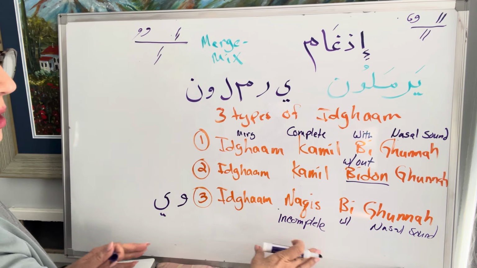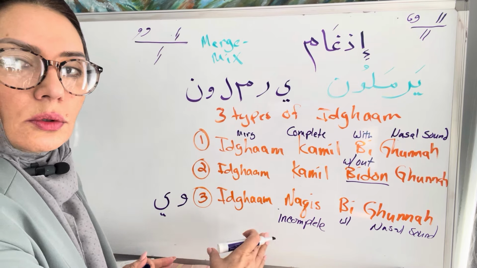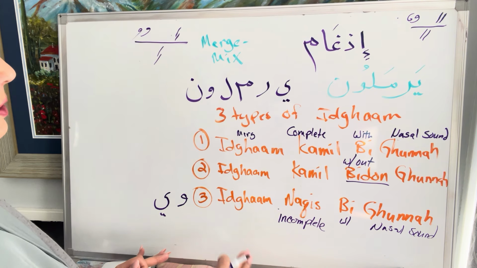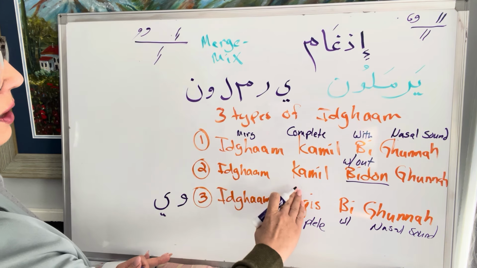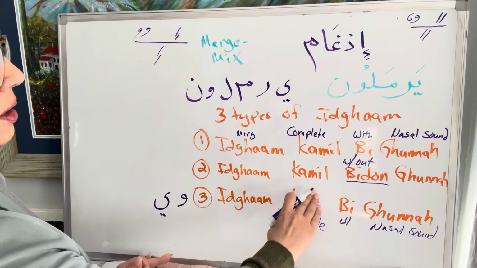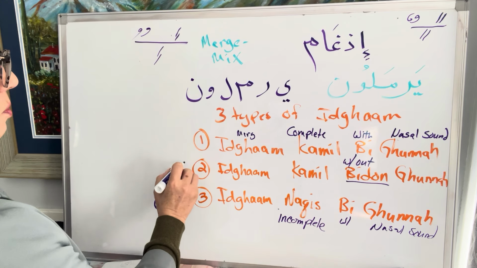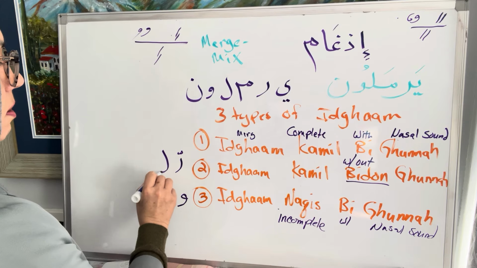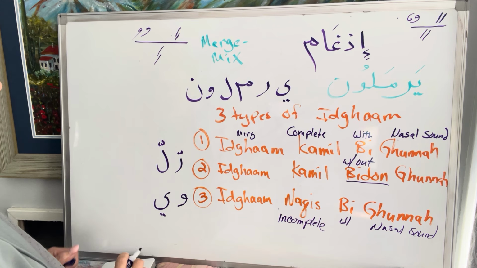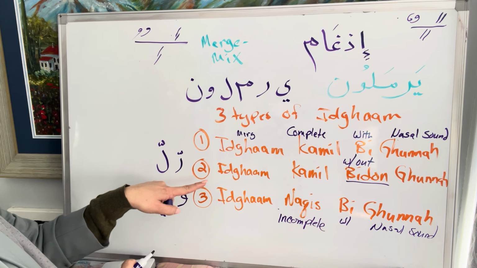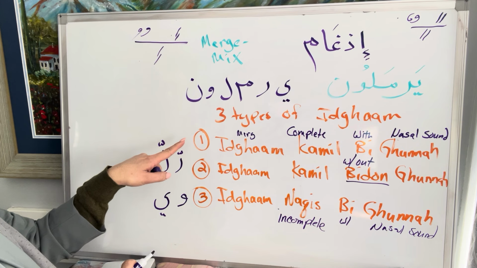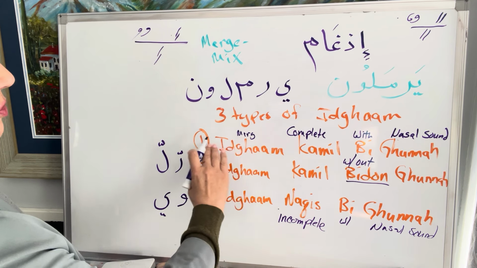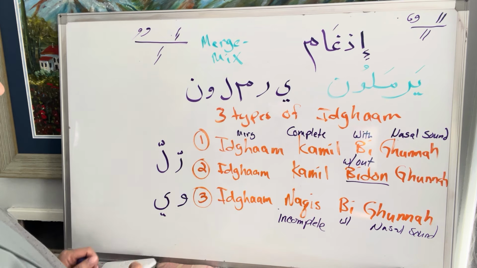These are the 2 letters that deal with this category, with this rule. And then idgham kamil bidun ghunna will deal with ra and lam. And then the rest will fall in this category, what's left over.